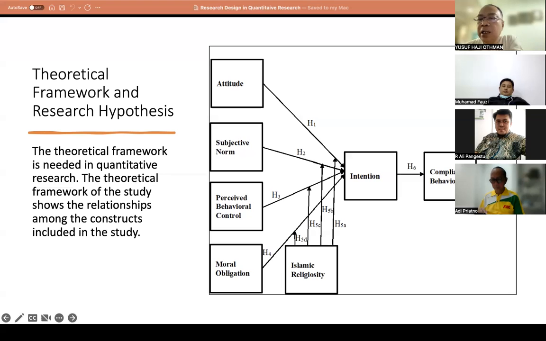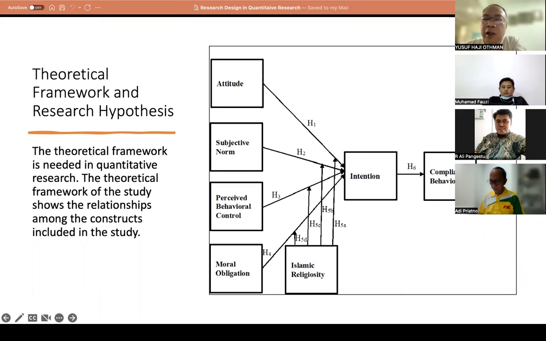In your case, you might want to consider the suitable underpinning theory to be adapted and adopted when you construct the theoretical framework. It's not an easy task to do, and I think this is the most crucial part of the thesis, constructing the theoretical framework.